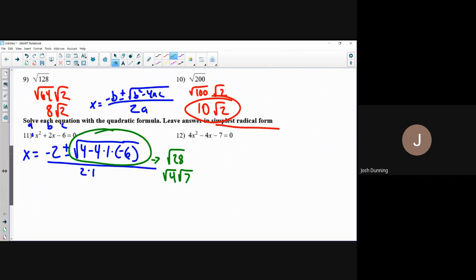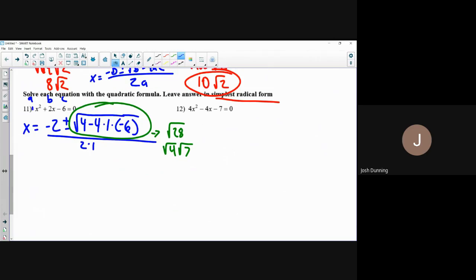Now I'm going to bring this back into the question. That's like work off to the side. I know the square root of 4. Square root of 4 is 2. And I'm going to bring that radical 7 with me. 2 times 1 is 2. Now we're pretty much done.